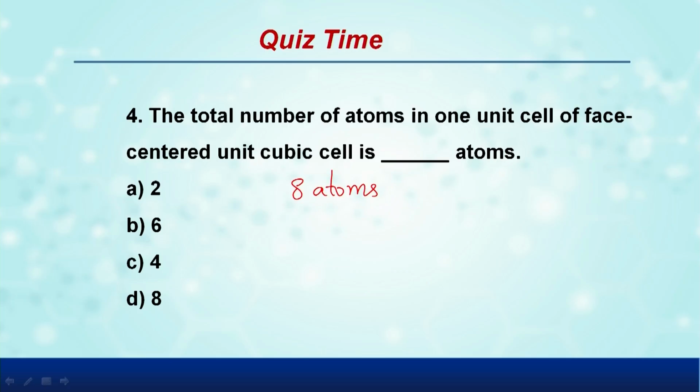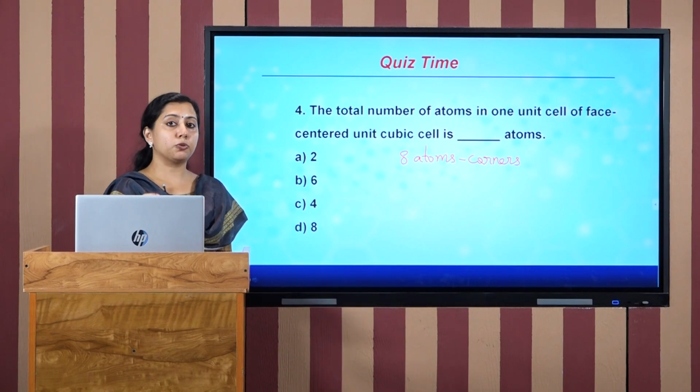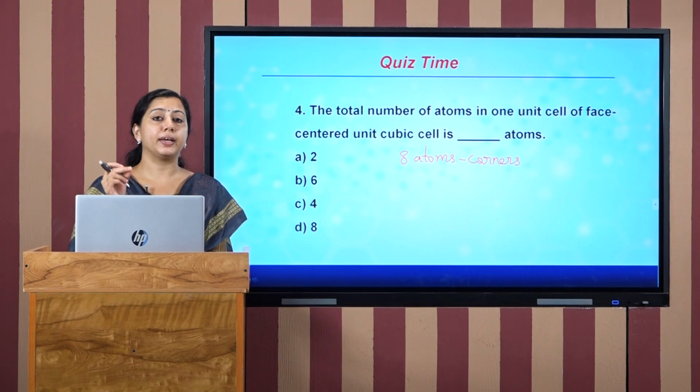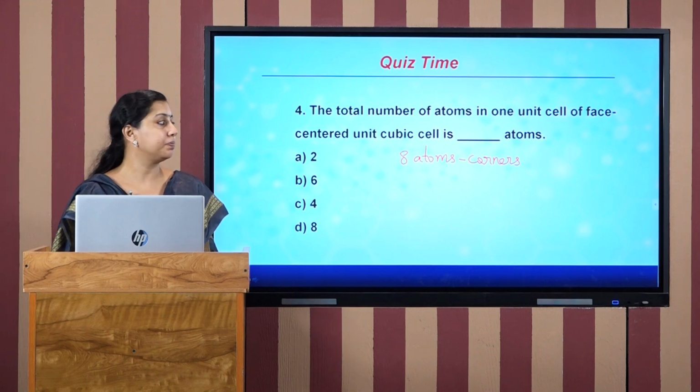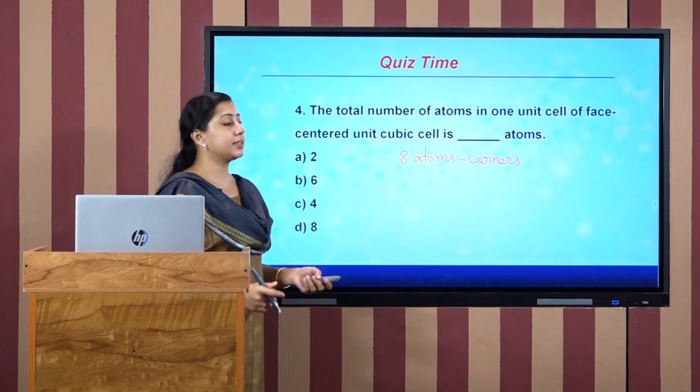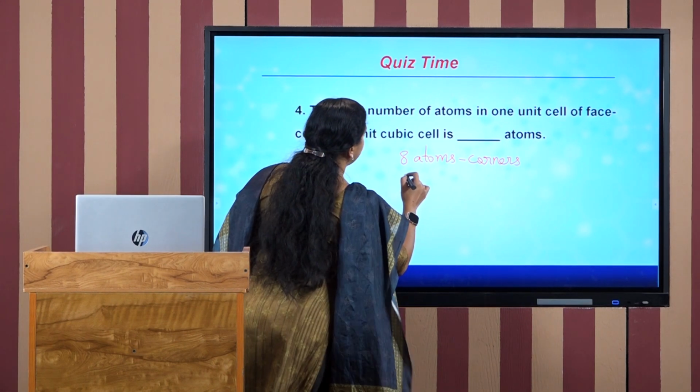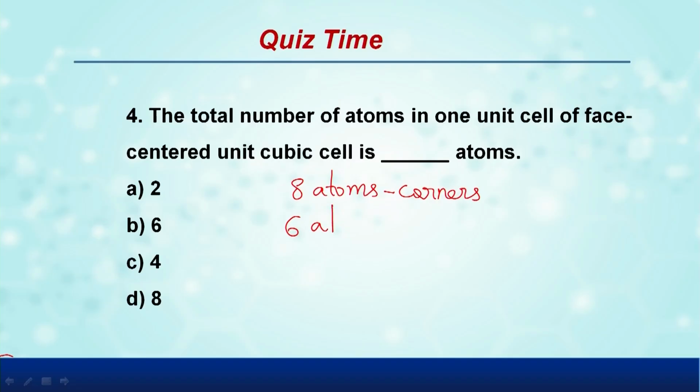So, 8 corners, 8 atoms at the corners. Now, since it is face centered, the atoms will also be present at the center of each face of a cube. There are 6 faces for a cube, so there will be 6 atoms at the face center or at the center of each face.